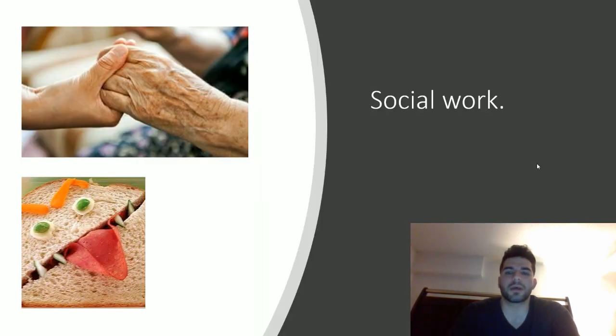Now, this is an example of iconography. Here you can only see one word, social work, and then you can see one hand helping another. One of the hands is a little bit wrinkly, so we can assume that it's an elderly person.